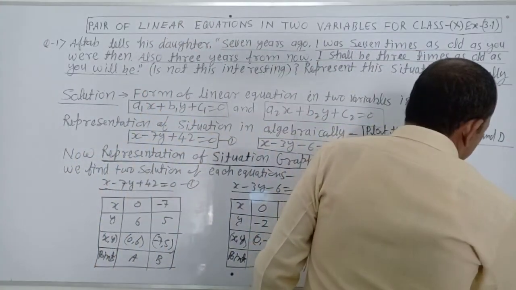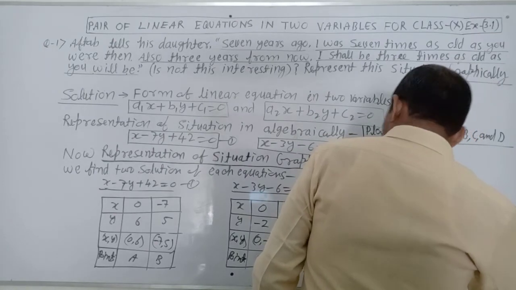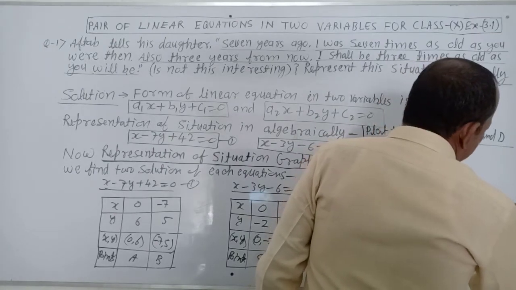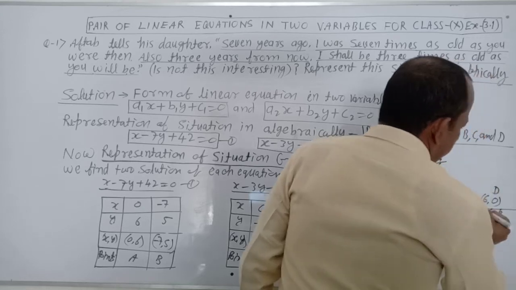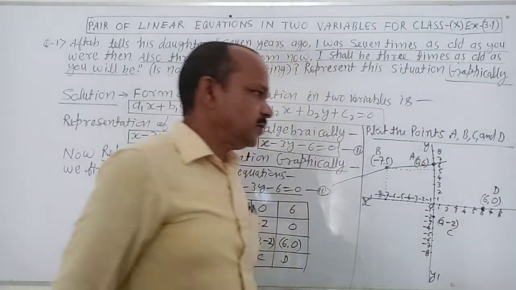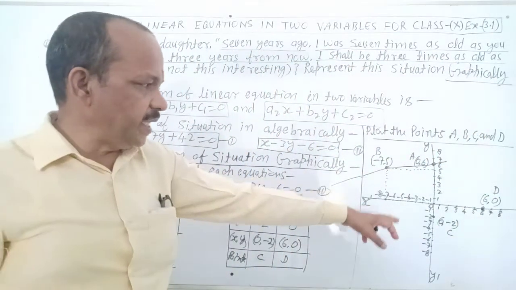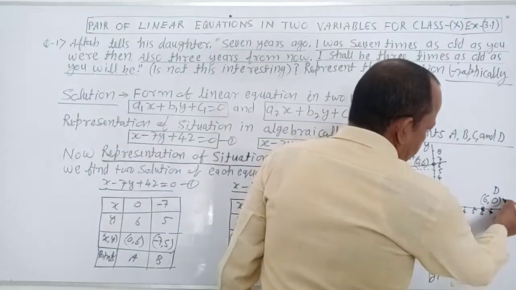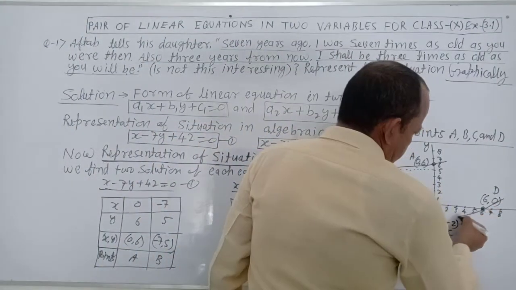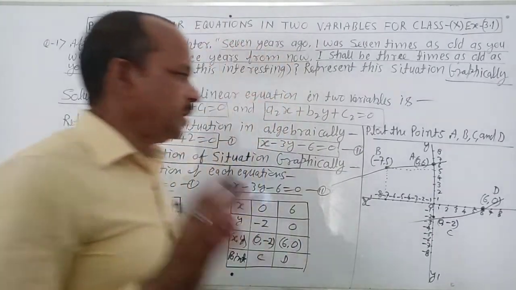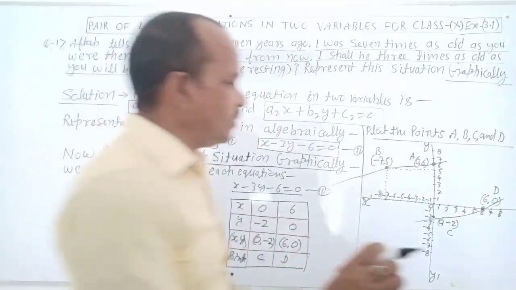Here 6 and 0. Point D. Here point D. Join point C and point D. This. It is clear? No confusion about it.